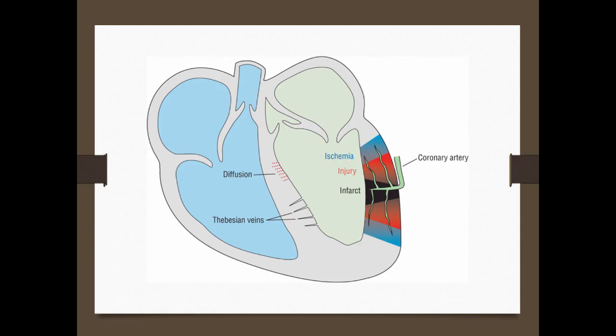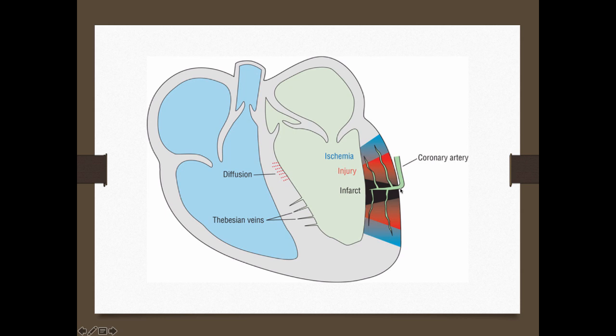We also talked about a little bit of oxygen diffusion from the ventricles themselves, so you might have a little bit of diffusion into little areas of the ventricles themselves. And then we have these little tiny Thebesian veins that go a little bit deeper than that diffusion will go, to provide a little bit of oxygen supply to our heart muscle, just in case this big old coronary artery is blocked off.